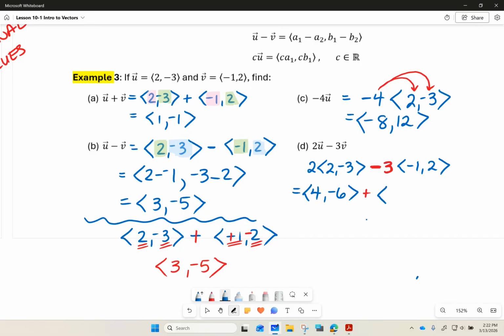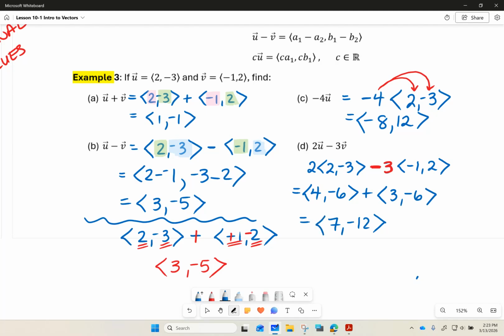So negative 3 times negative 1 is a positive 3. Negative 3 times 2 is a negative 6. And because you just can't leave it blank. Understand? If you multiply by negative 3, you've got to put a placeholder, and that's my plus. 4 plus 3 is a 7, and then negative 6 plus negative 6 is a negative 12.